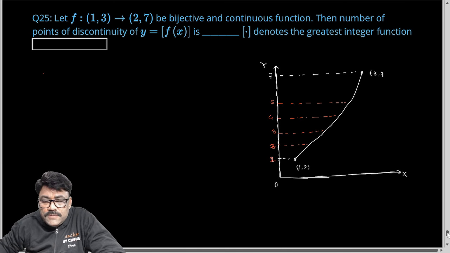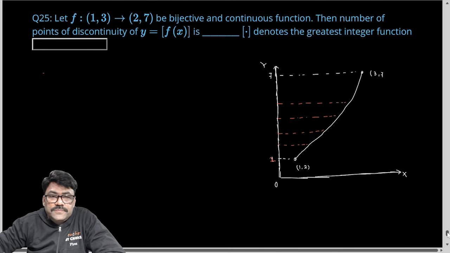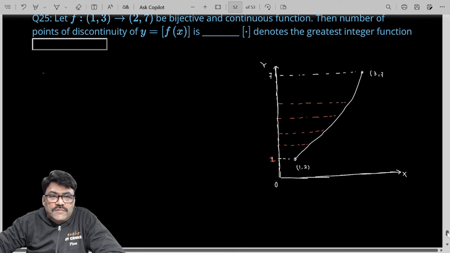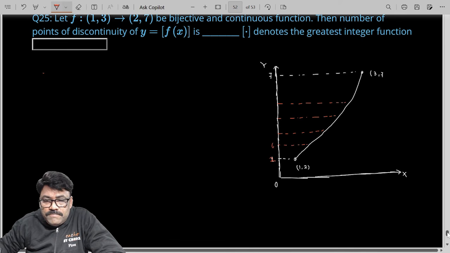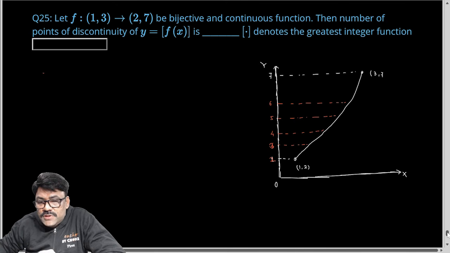This one is 3. Let me change. I'm going from 2 to 7, so 3, 4, 5, 6 actually. Let's say here the value is 3. 3, 4, 5, 6. So your function will be discontinuous at these points.